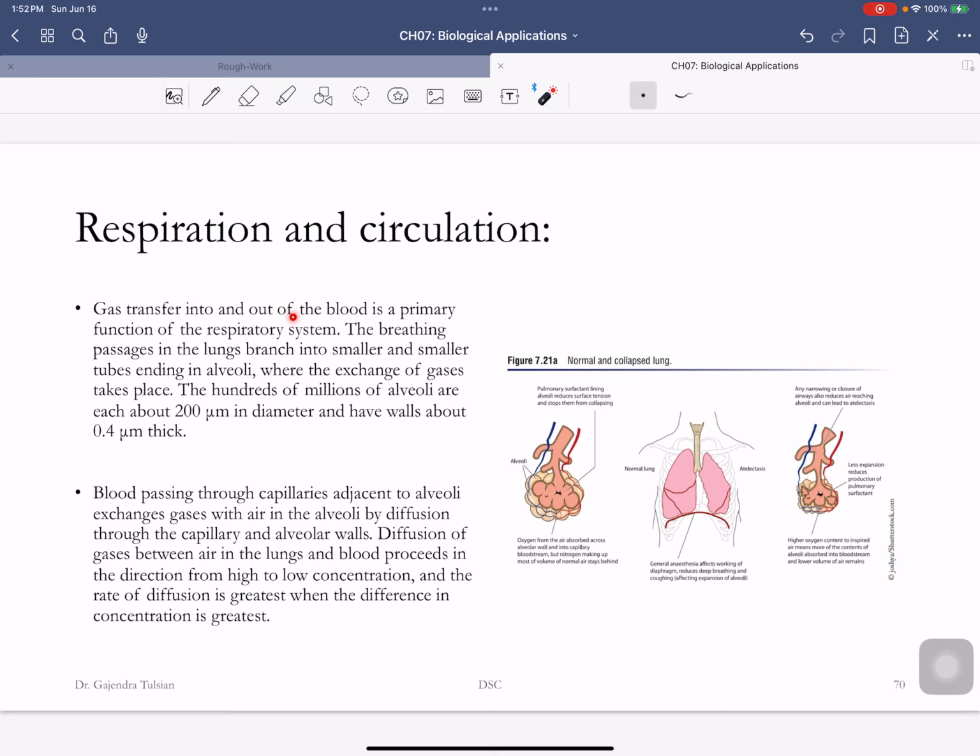So gas transfer into our blood is a primary function of the respiratory system. So there are the alveoli and venous blood coming in, and oxygen exchange happens, and oxygenated blood is going back to the heart.